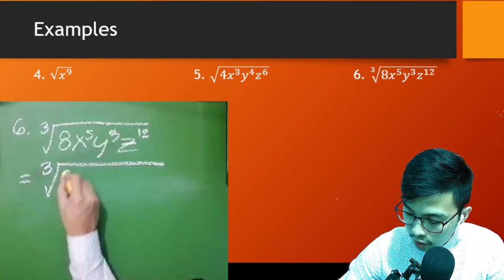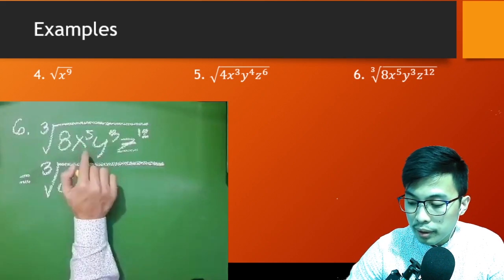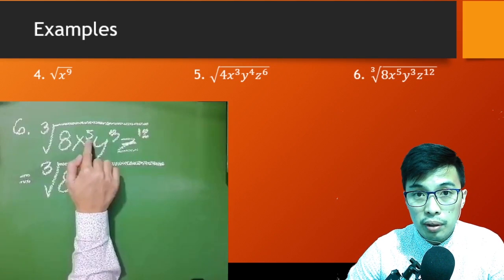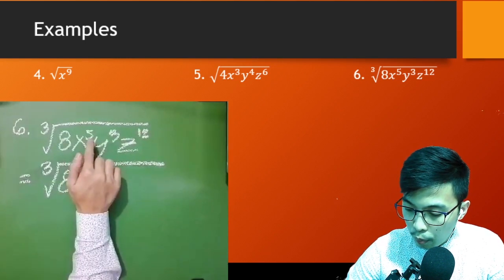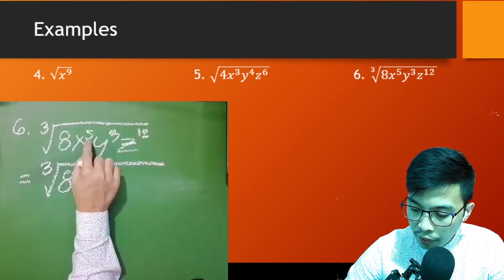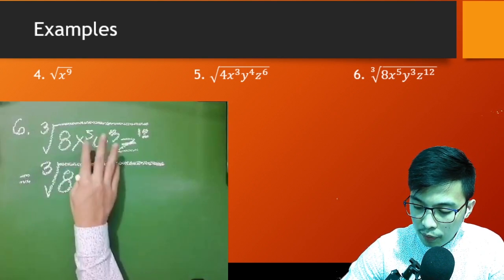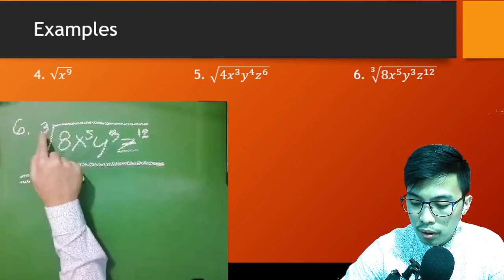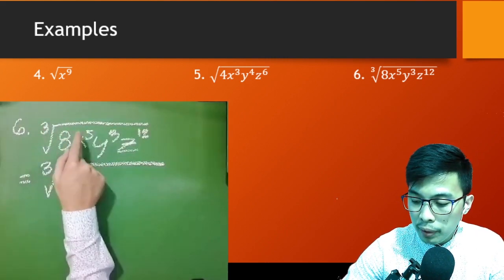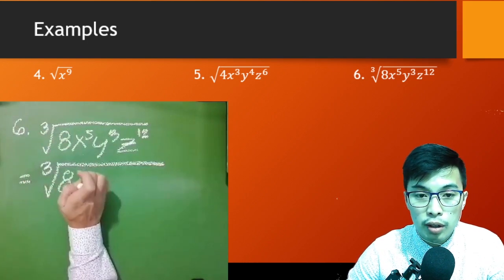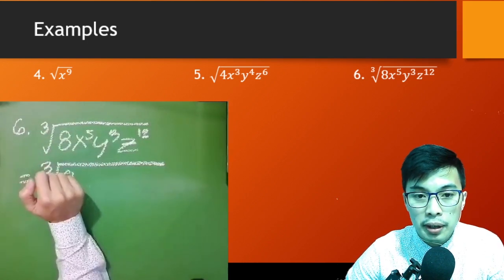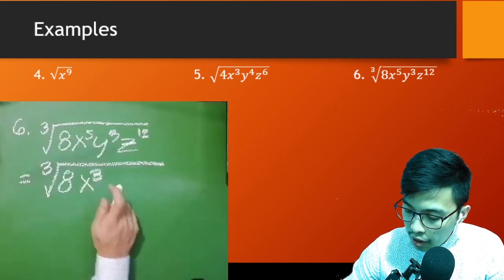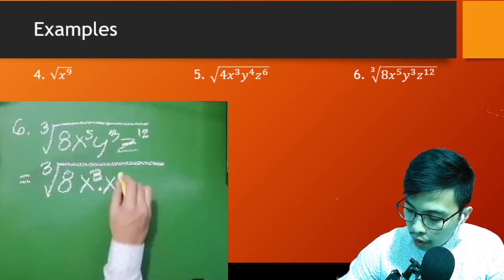And 8. And the next is we go with the next variable, which is x raised to the power of 5. Again, we need to factor x raised to the power of 5, which is yung isang factor is a cube root or a perfect cube variable, which is x raised to the power of 3, times x raised to the power of 2.